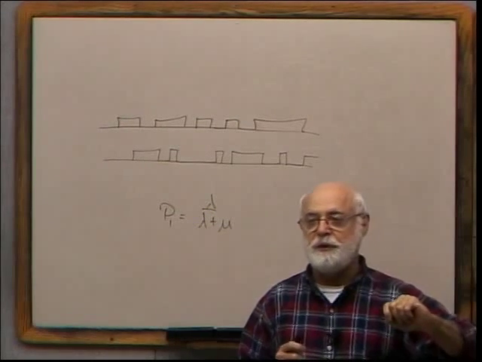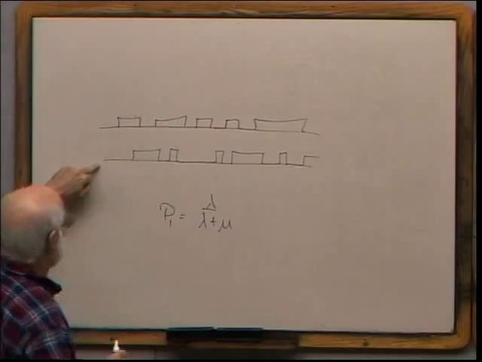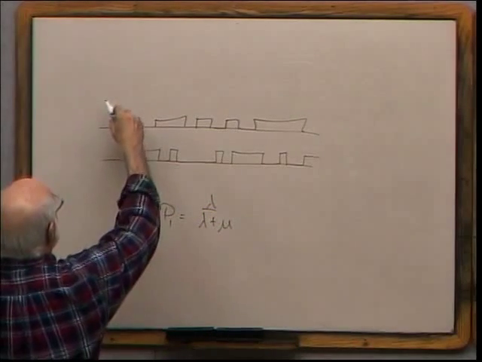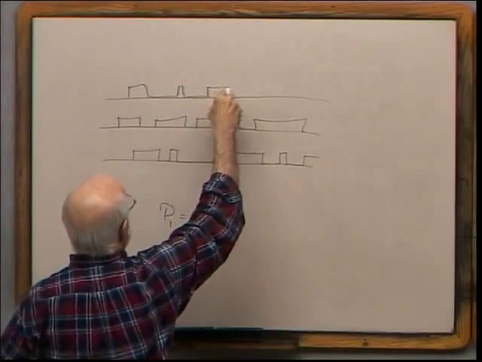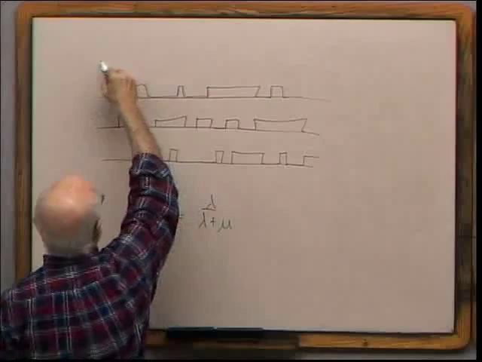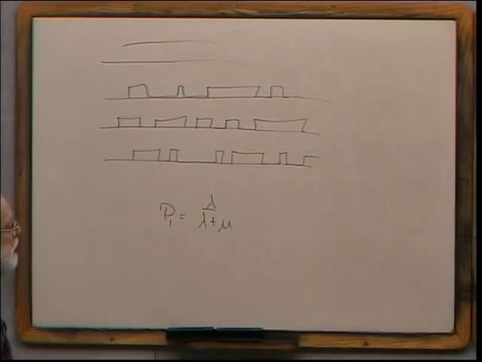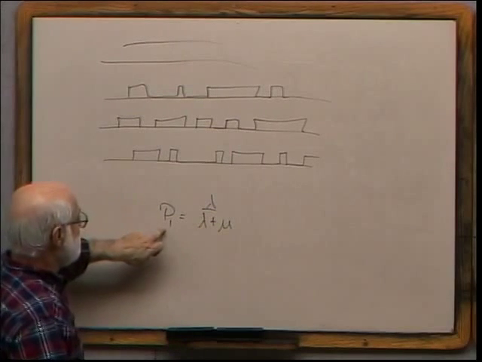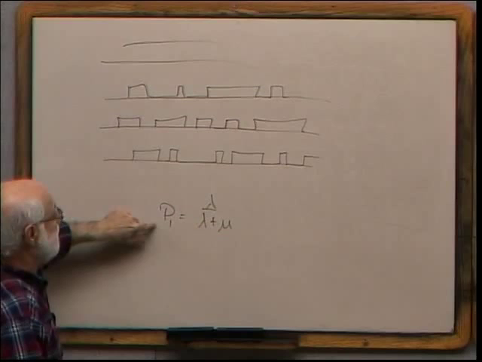So if I take that point of view, here's system 1, here's system 2, here's system 3, and so on, system 4, system 5. Okay, so in the first interpretation, this represents the fraction of time that a single system spends in state 1, which would be the same for every system.